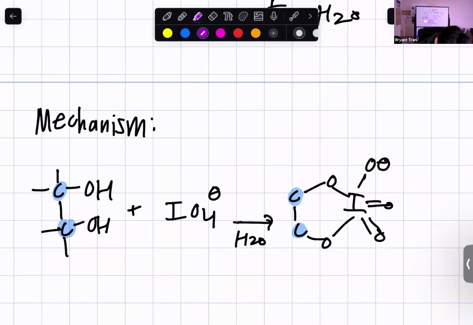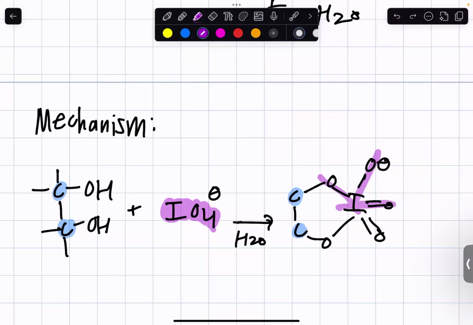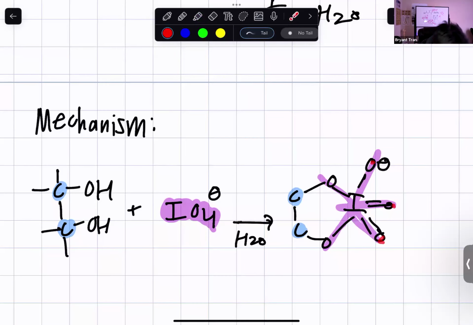And the IO4 minus is going to be this IO4, 4 oxygens. 1, 2, 3. Whoa, wait. 1, 2, 3, 4, 5.